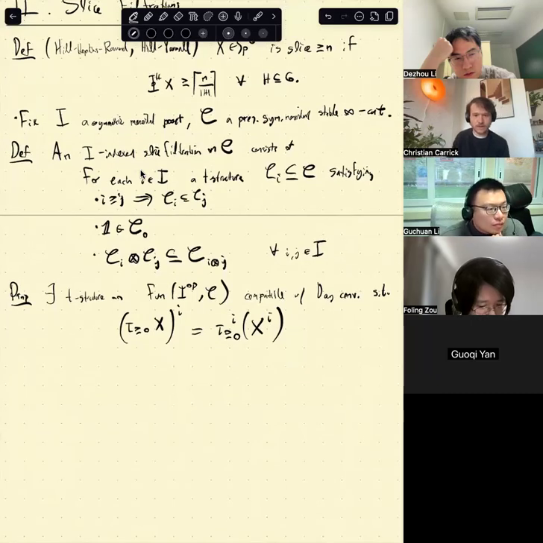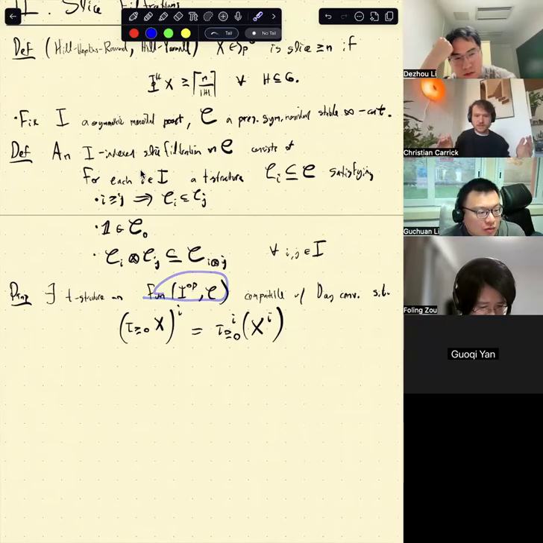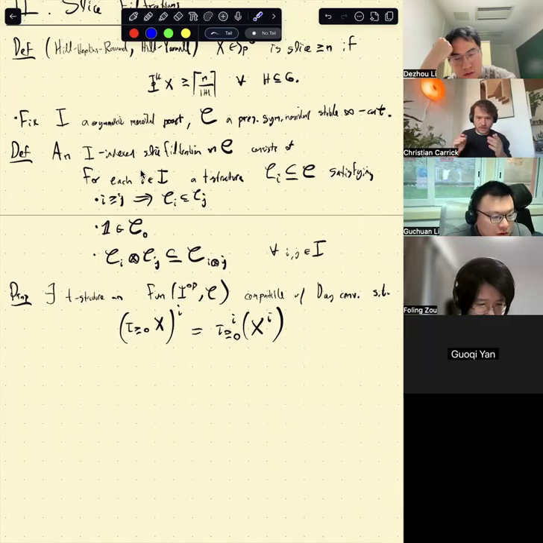So the point is that something in here is like a diagram in C indexed by I, and if I evaluate that diagram at the little ith point, taking the connective cover of the diagram in this T structure just takes the connective cover with respect to the ith T structure at that point.